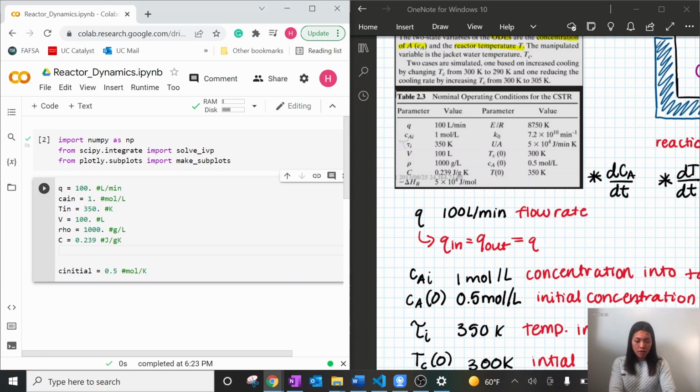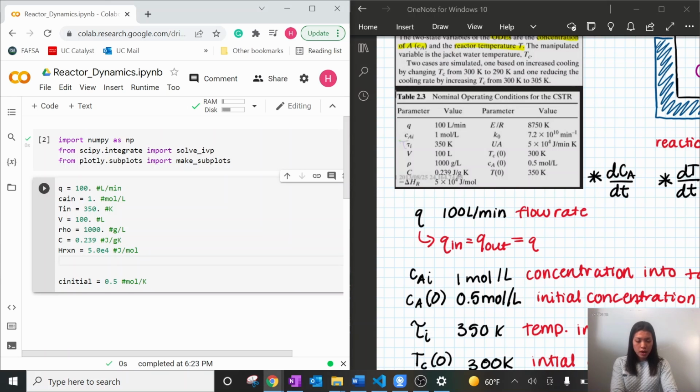And then we have our enthalpy of reaction, and that is 5 times 10 to the 4th joules per mole.